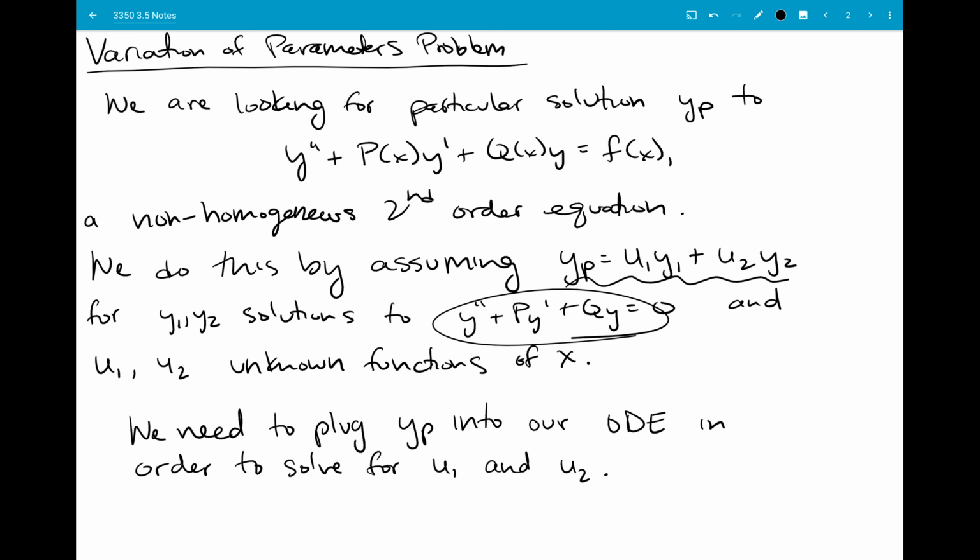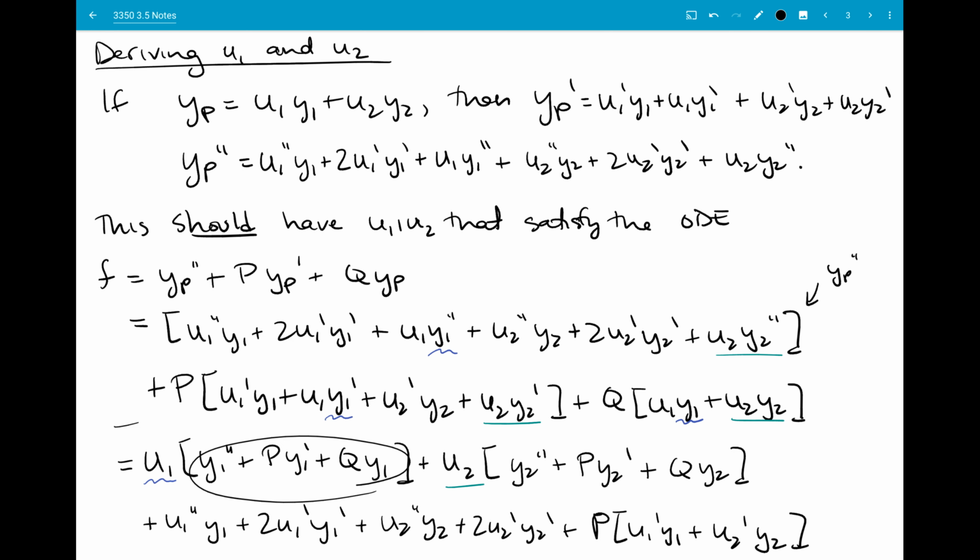If y1 and y2 are solutions to y double prime plus py prime plus qy equal to 0, that means that when I write them right here, those terms go away. So this should be equal to 0, and this should be equal to 0. So those u1, u2 terms drop out.